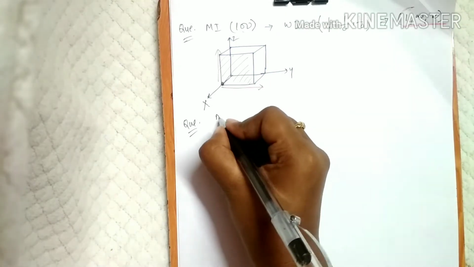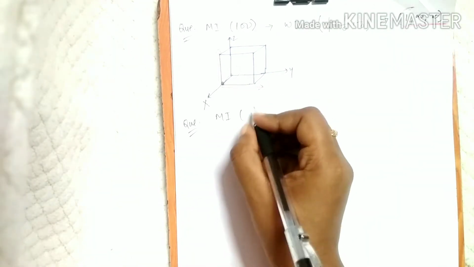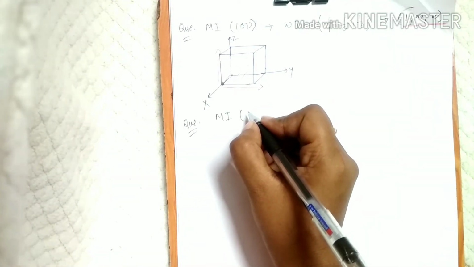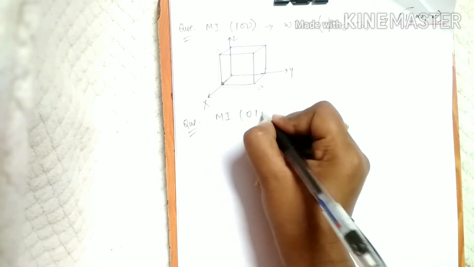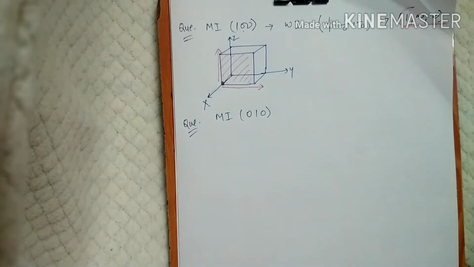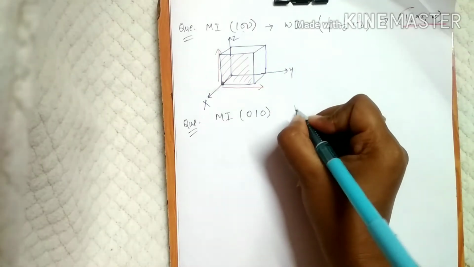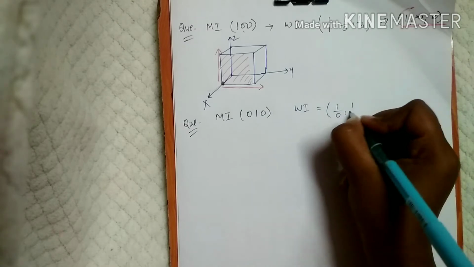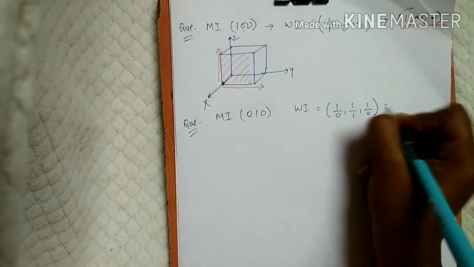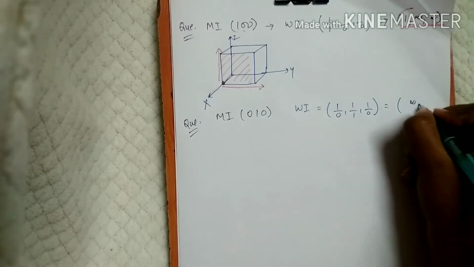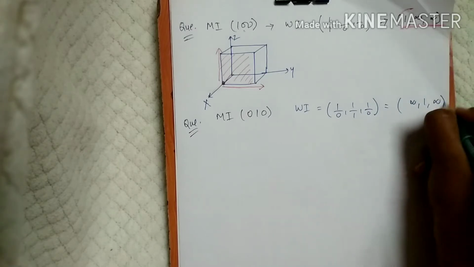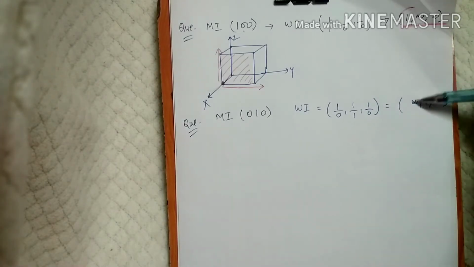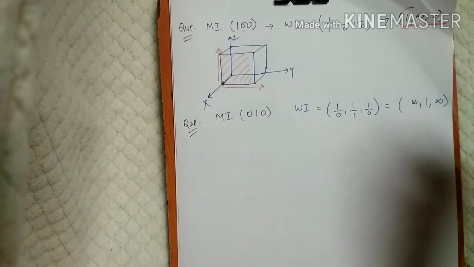Now suppose again a Miller index is given: 0, 1, 0. Now we are going to find out the corresponding Weiss indices, which will be 1 by 0, 1 by 1, 1 by 0. So it comes out to be infinity, 1 and infinity.